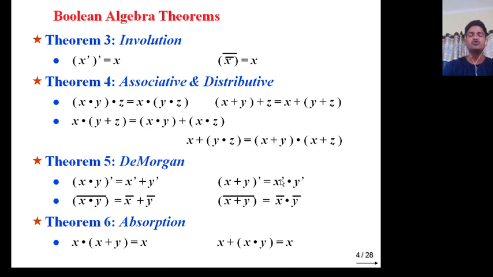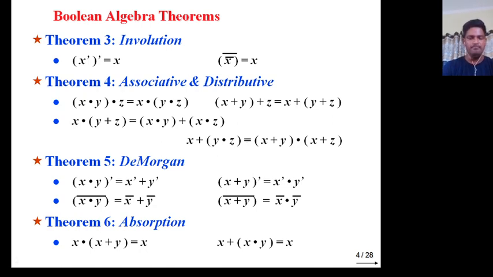Just these two theorems, De Morgan's theorem and the duality theorem, you have to remember, and the rest of the theorems we will see when we discuss Boolean laws and theorems.